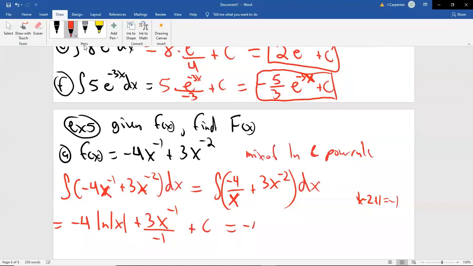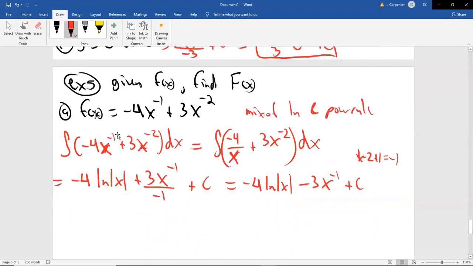Well, that's negative 4 times the natural log of the absolute value of x. Dividing by a negative 1 just says to change it to a subtraction, so minus 3 x to the negative 1 plus c. But this is not a regular format for an answer. We don't like negative exponents in answers. So this is negative 4 times the natural log of the absolute value of x minus 3 over x. The x goes to the bottom, but not the 3, plus our c.